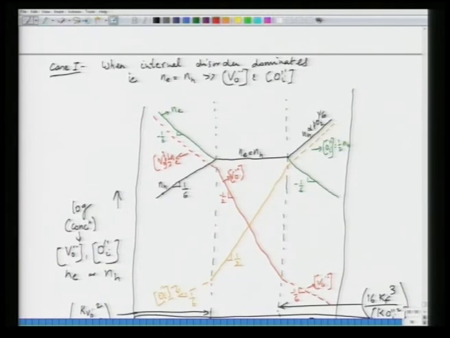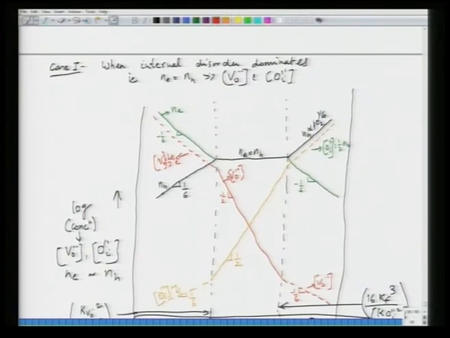Now, this is the first case when internal disorder dominates, that is electron and hole concentration are equal and much higher than VO and OI concentrations in the stoichiometric composition range, or intermediate PO2s. Now, just one more thing.